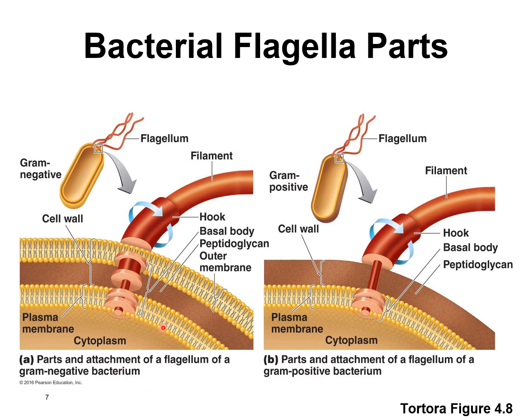So both of these are pretty much the same picture, but we've just got a gram-negative bacterial cell on the left and a gram-positive bacterial cell on the right. But you can see the basal body is going to anchor the flagellum into the bacterial cell. And then above that, we've got the hook. And then extending from the hook, we've got the long filament.